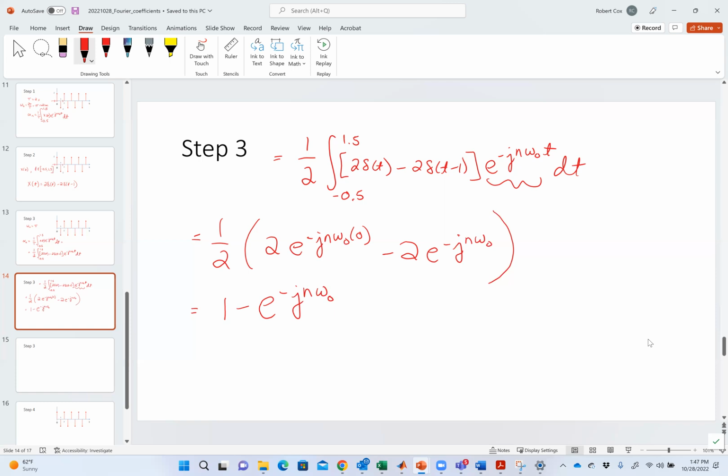And if I wanted to go a step further, I know what omega naught is. I could say this is 1 minus e to the negative j n pi. Right? If I wanted to really keep going and be a real math nerd, I could say e to the negative j n pi is equal to cosine of negative n pi plus j times what?